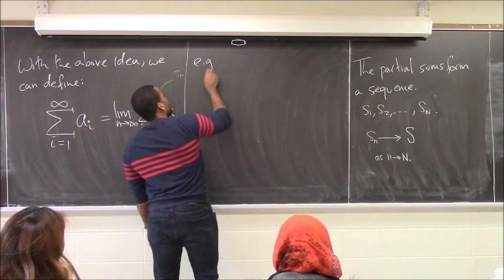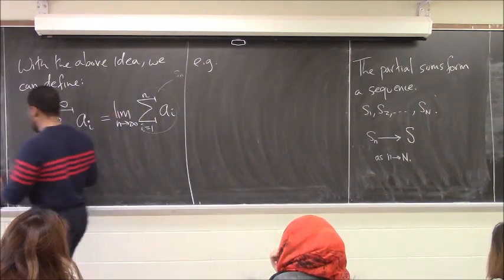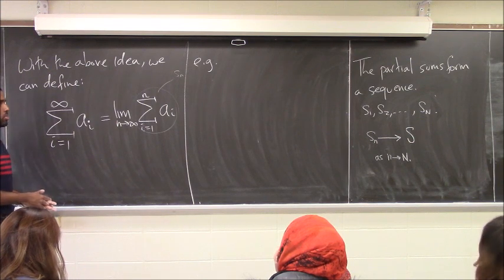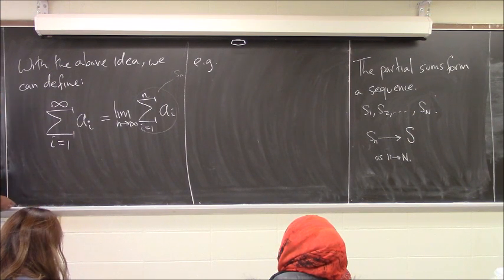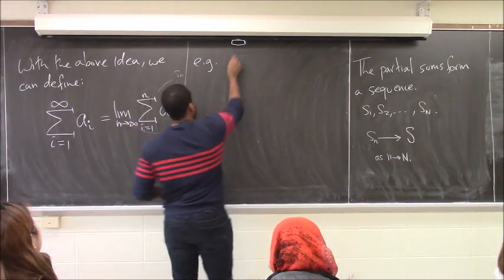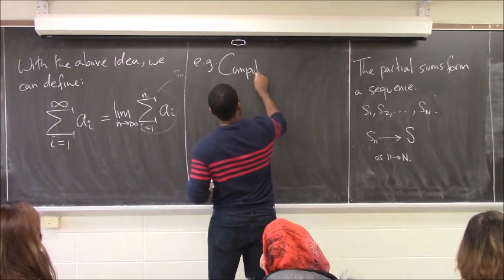Let's actually put this into practice. We are going to do this in context pretty soon, I think by the end of next class, or the beginning of the following class. So let's just make sure we have the mechanics down. Suppose I wanted you to compute this.